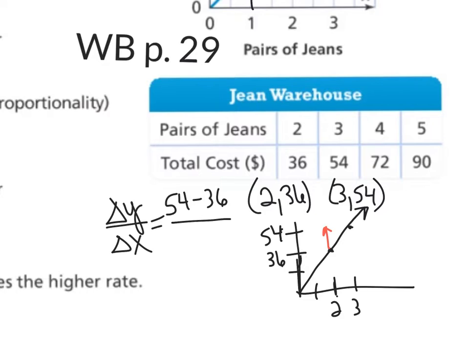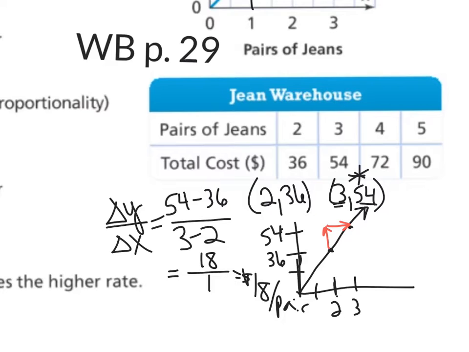And then the change in X, we would be going from 2 to 3, so if we subtract, again, going in the same order. So we started with the 54 for the Y, we need to start with the 3 for the X. So 3 minus 2. So 54 minus 36 is 18, 3 minus 2 is 1, 18 divided by 1 is 18, and that means $18 per pair.